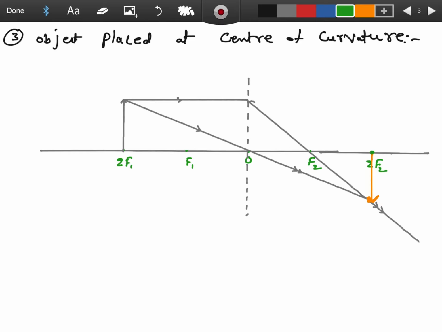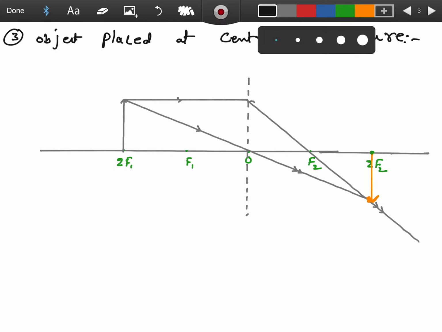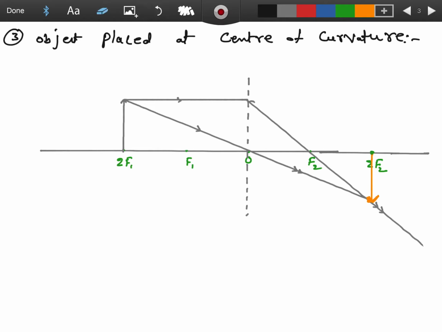Students, after that you complete the lens. Convex lens is completed. This is the convex lens. See, object placed at 2F1, image formed at 2F2.